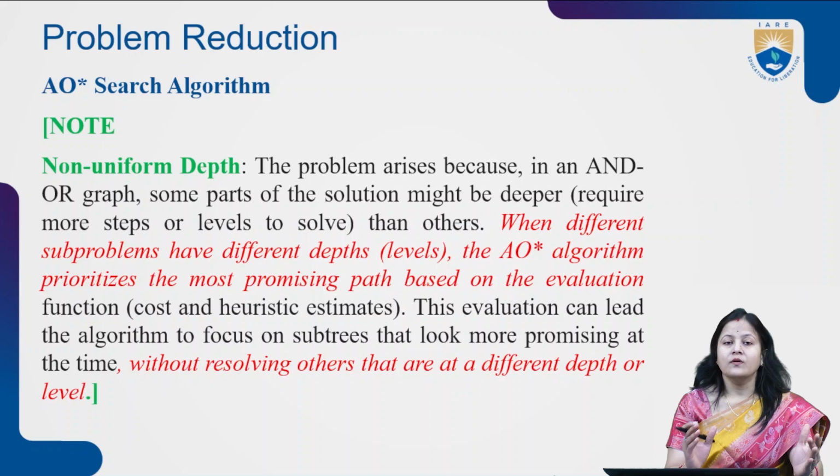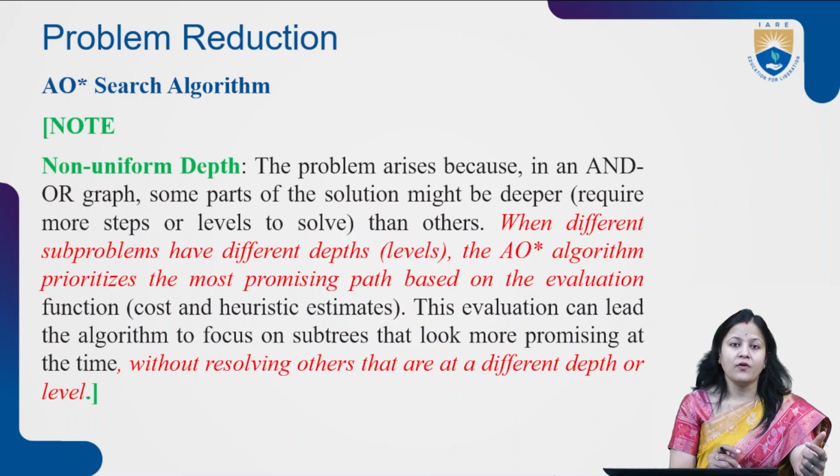This is the note I want to tell you: when we should stop the process. That terminology is called non-uniform depth. This term is very important in AO*. The problem arises because in an AND-OR graph, some parts of the solution might be deeper, which require more number of steps to solve than others.